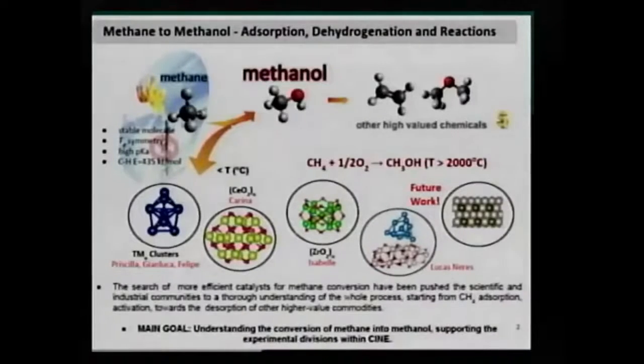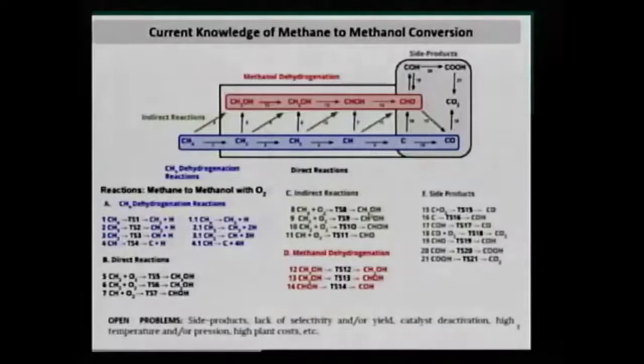So our goal here is to understand the whole process that starts with the adsorption of this molecule up to the desorption of the products. However, this is another great challenge because these reactions do not occur in a single step. It involves a lot of other reactions. We can at least list 5 types of reactions, which are CHn dehydrogenation reactions, which is the loss of one hydrogen atom in each step.